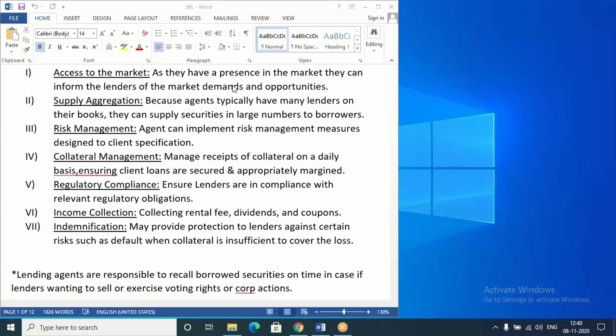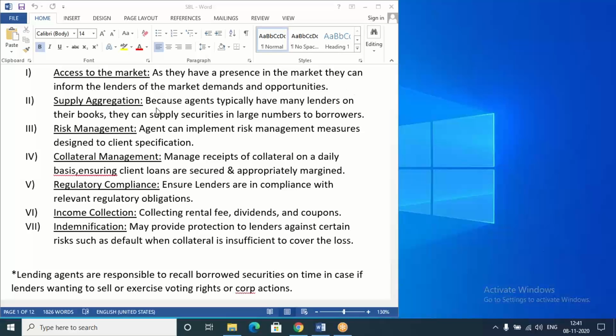Yeah, it has a global presence, across several continents. So that means they have access to those local markets as well, right? They can understand if there is a presence of large borrowers, which gives their lenders an opportunity to lend. As they have a presence in the market, they can inform the lenders of the market demands and opportunities.